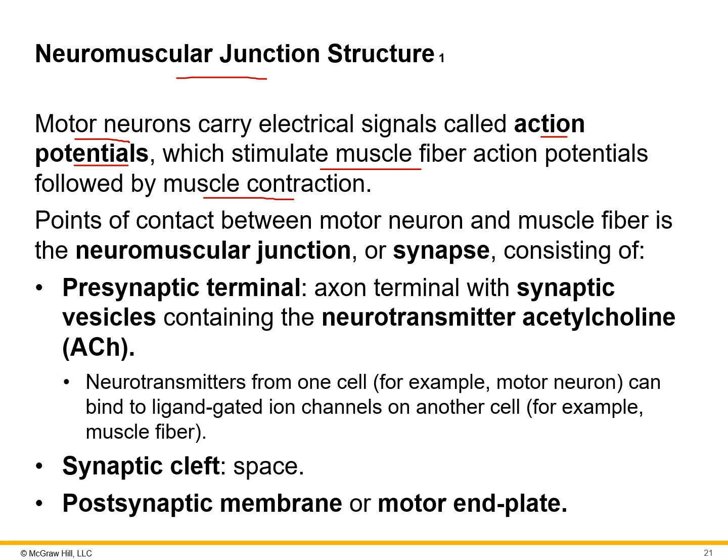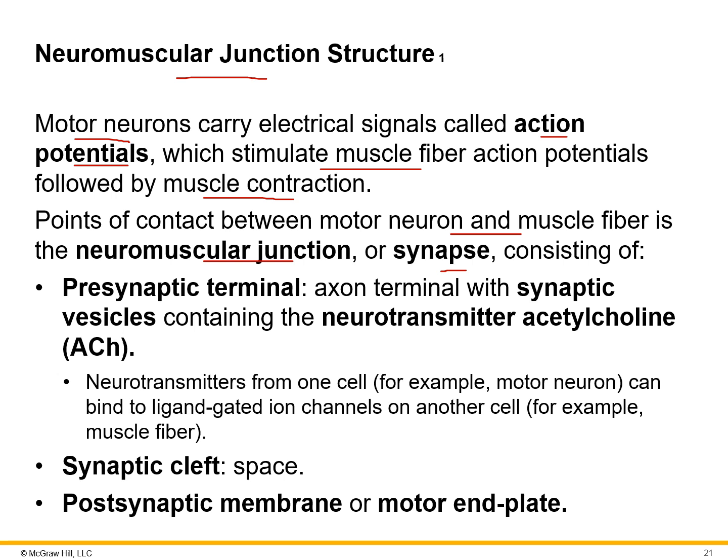That electrical signal from the motor neuron ultimately allows contraction of the muscle. The point of contact, again, where the neuron meets up with the muscle fiber, is called the neuromuscular junction. This is also a synapse, just a specific synapse where we have a neuron joining with a muscle.